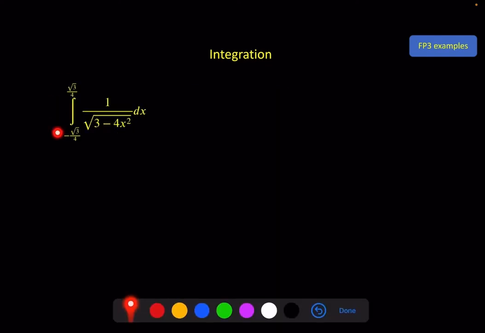So we've got an indefinite integral here. So you can see we're going to have to put some limits in towards the end, and there is this 4 here. So that's what I'm going to have to get rid of first. So I'm going to factorize that out. I won't put the limits on because it's going to take up too much space. But the idea here is that we've got the 4 there.